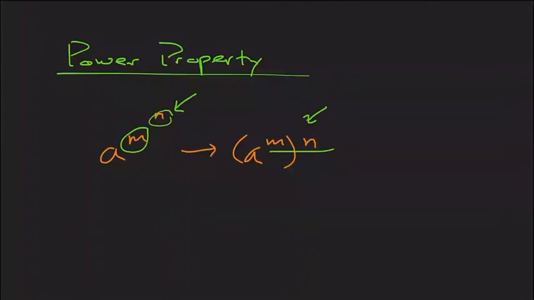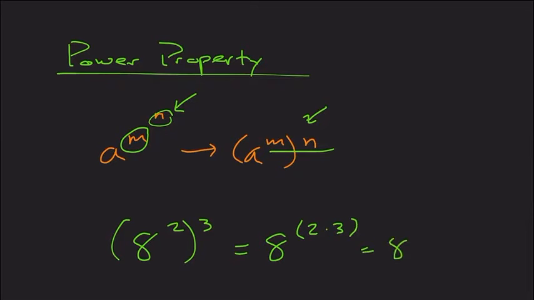So an actual example of this would be like if we had 8 to the second power raised to the third power. So what do we do in this case? It's going to become 8 to the, what do you think? Well, power raised to a power is going to tell us to multiply.